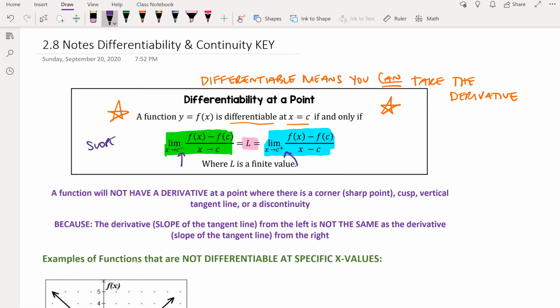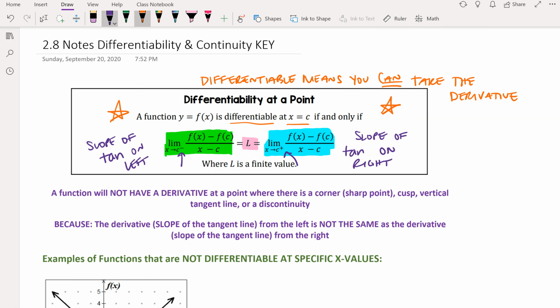So the slope of the tangent on the left of c equals the slope of the tangent on the right of c. And c is an x value. Okay, so it's kind of like continuity. The limit from the left has to equal the limit from the right, but differentiability is the slope has to be the same on the left and the right.